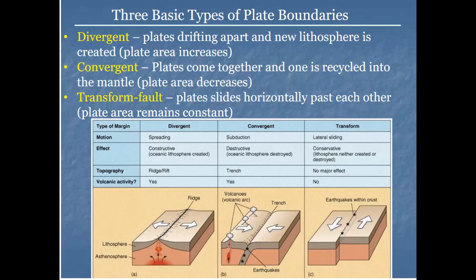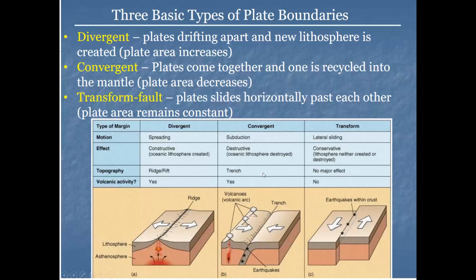On the other hand, you have convergent plate boundaries, for example, which involve subduction motion. They are destructive in nature because when the two plates move, for example, you have a continental plate and an oceanic plate, the oceanic lithosphere would be destroyed.